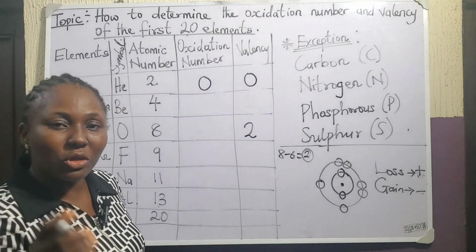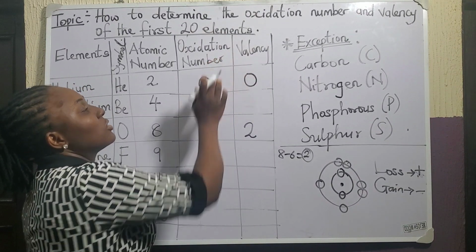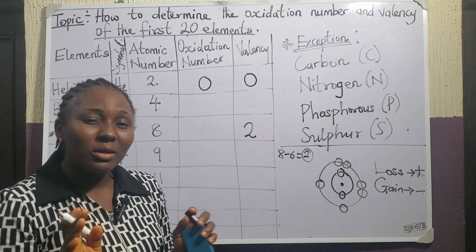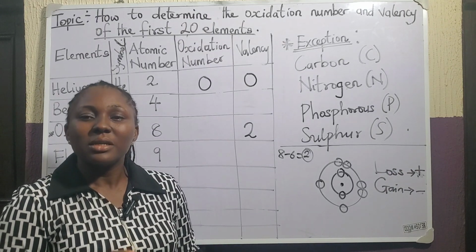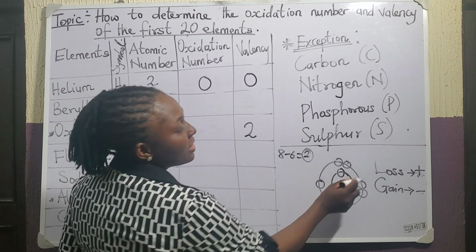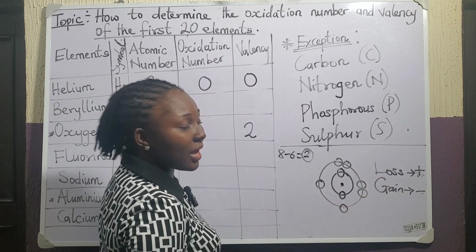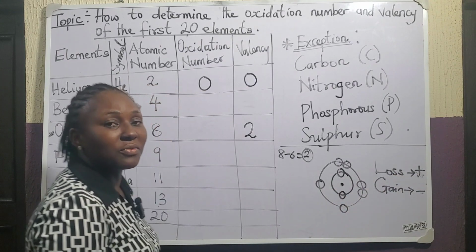Now, the oxidation number. The only difference between valency and oxidation number is that valency has no charge, but oxidation number has charge. So remember I said if an atom loses electron, it takes the positive charge, but when it gains, it takes the negative charge.